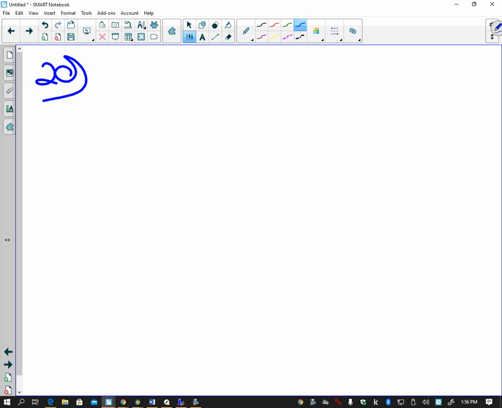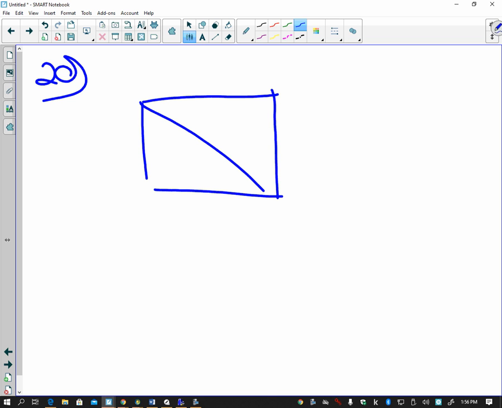Okay, it's going to tell you about, we had a question a while back about a TV screen, and it talked about the diagonal, let's say it's like 20.2, but then it tells you about the ratio of the other two sides, the length and the width.